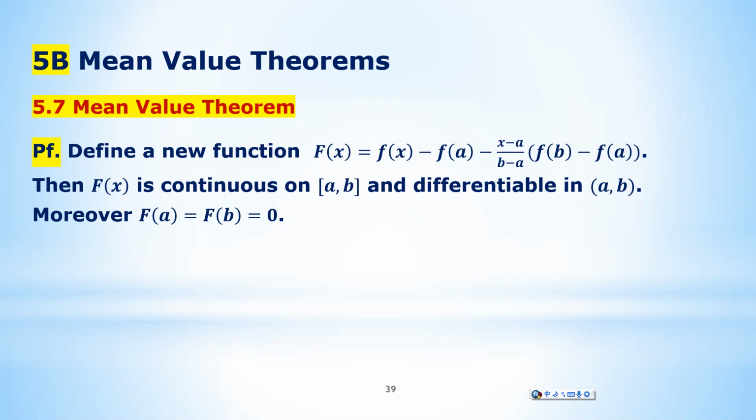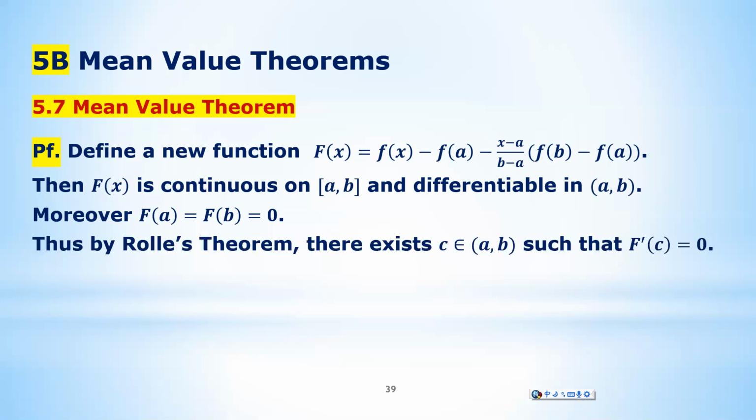You still have f(b) minus f(a), which cancels with the first part. So F(b) also equals 0. So this means that this new function, the capital F(x), actually satisfies the assumptions in Rolle's theorem. Here F(a) is not just equal to F(b), they're actually equal to 0.